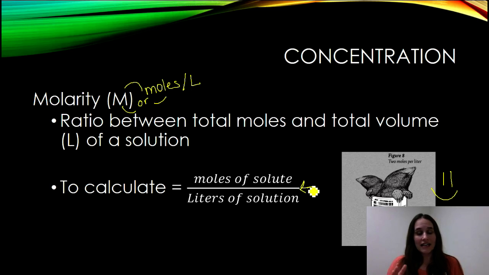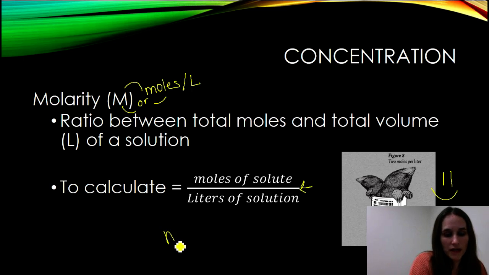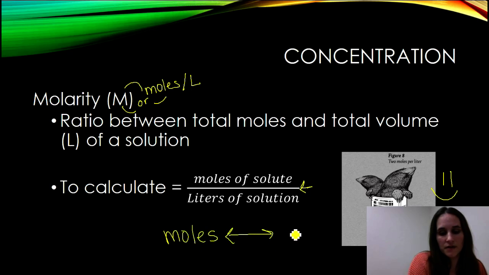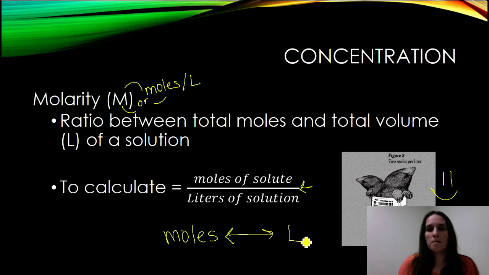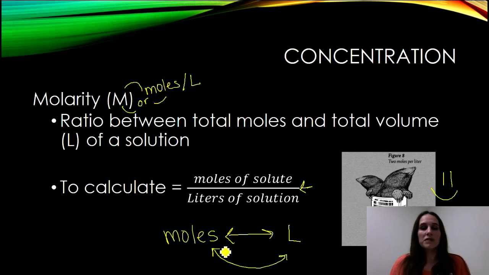And we can, and it can allow us then to go between moles and liters. And this is going to be really important because we can make a really concentrated solution or a really dilute solution and then use that molarity to go between a measurable quantity and the atomic world.